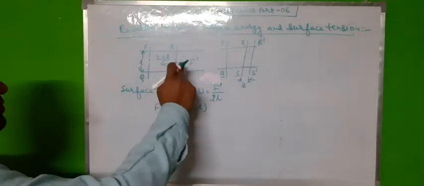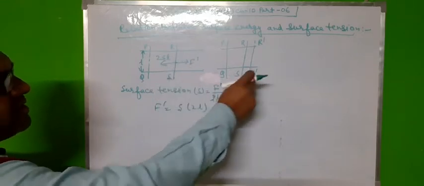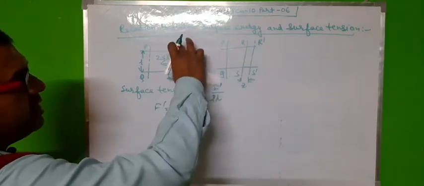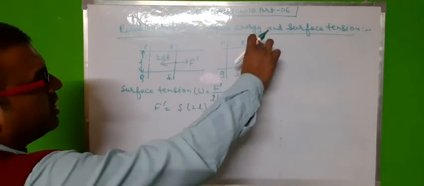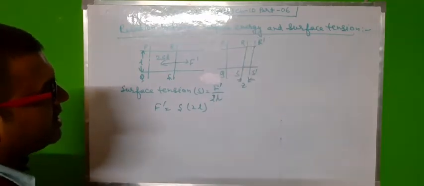Now due to the effect of this F dash, RS is movable, and this RS has moved to a distance Z, that is R dash S dash.